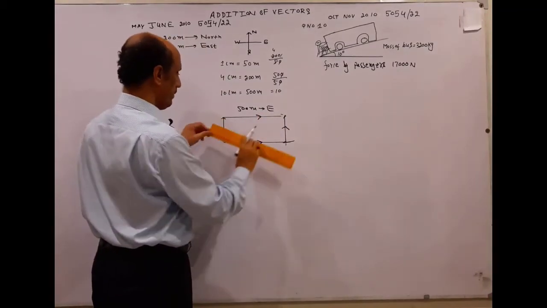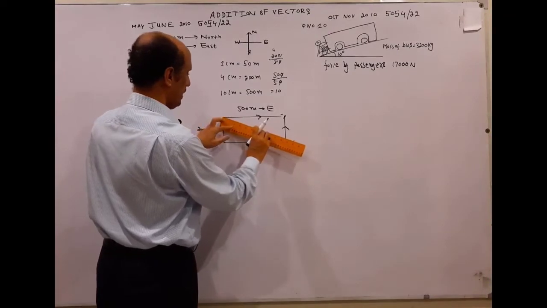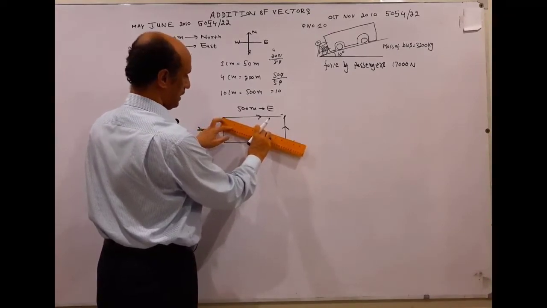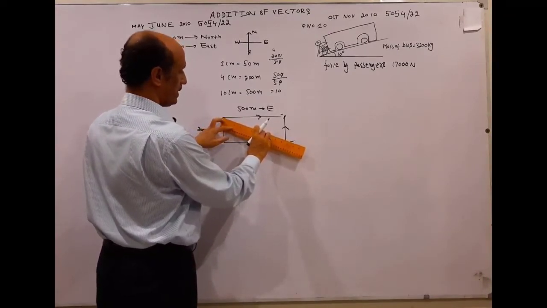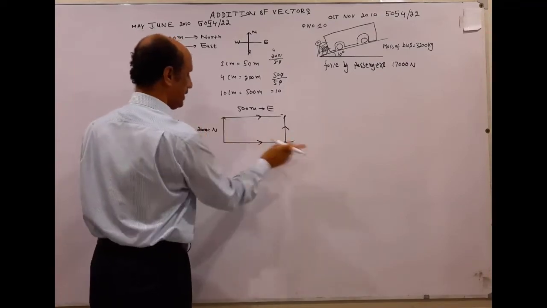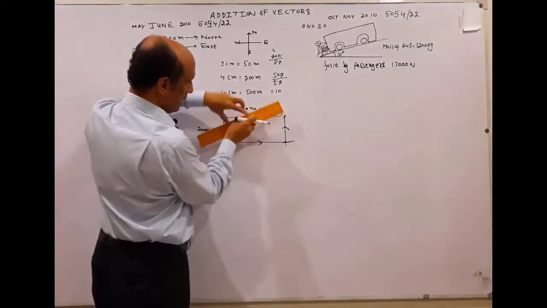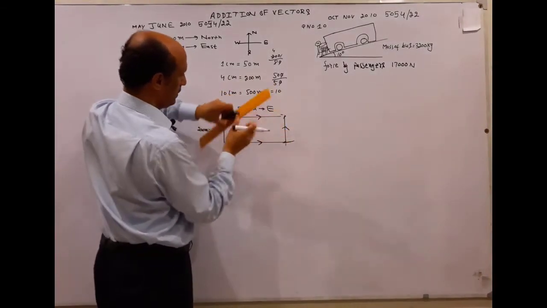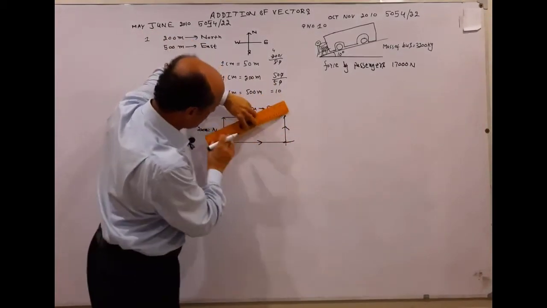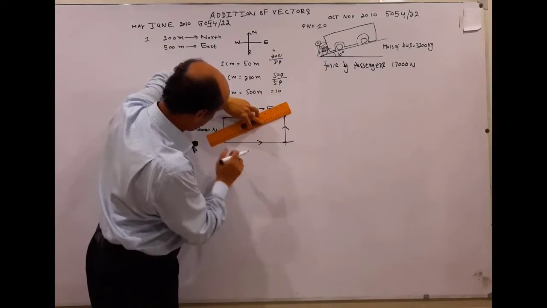Now if I join this, will this give us the resultant vector? No. The reason is that this arrow sign is going away, this is going away. So I will use this one and join these up to this point.